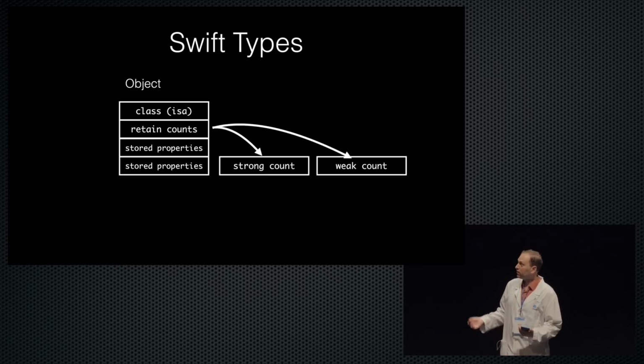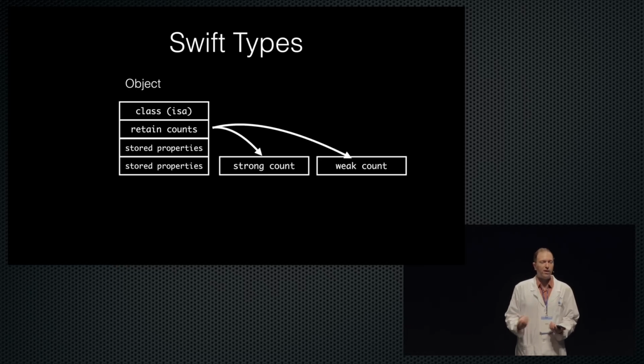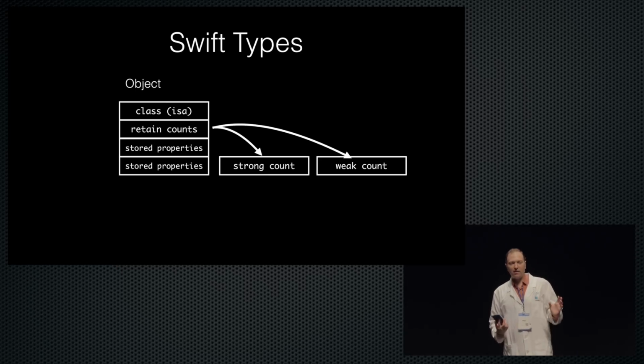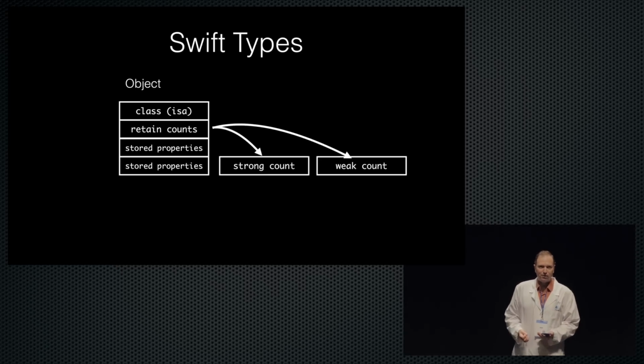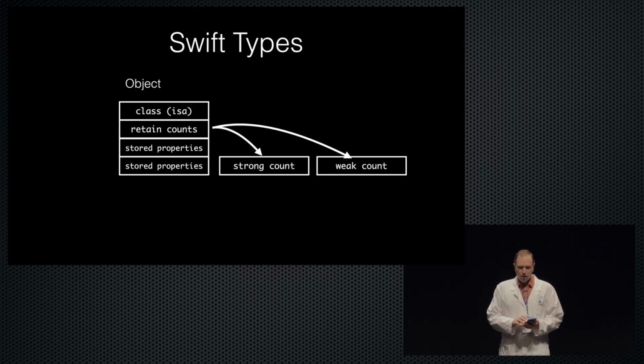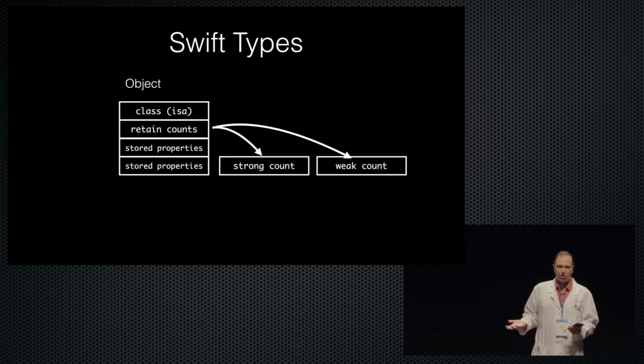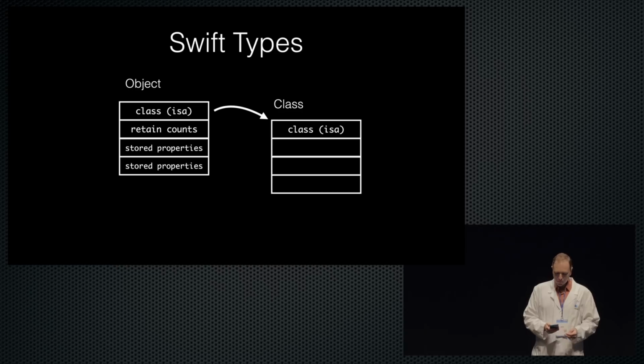And the idea is that when the strong count goes to 0, if the weak count is non-zero, then the object is destroyed, but it's not deallocated. And that could be a talk by itself. I got a blog article about it if anyone cares about exactly how that works, but that's essentially what we're seeing there. So there are 2 separate counts packed into the same field. Each one, I think, is like 31 bits or something like that.